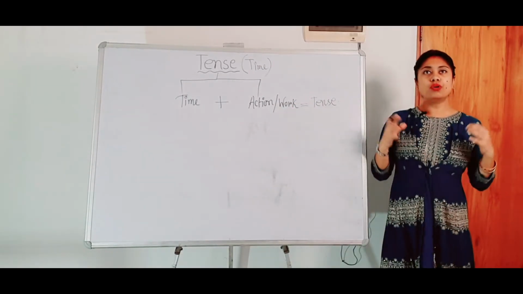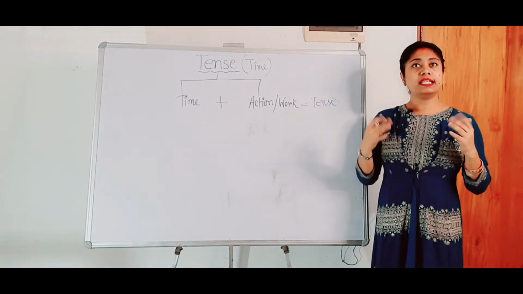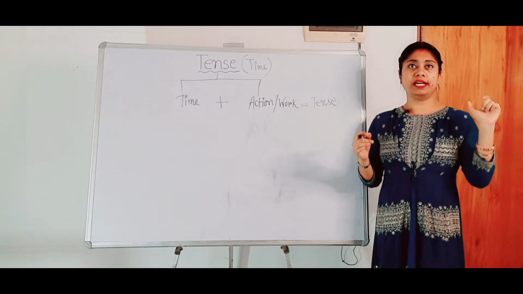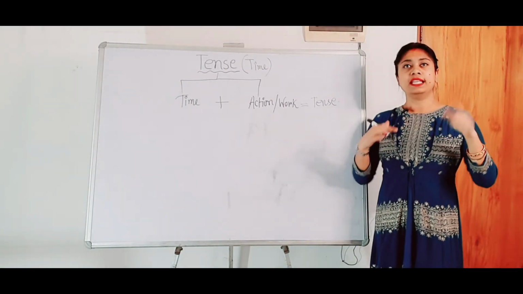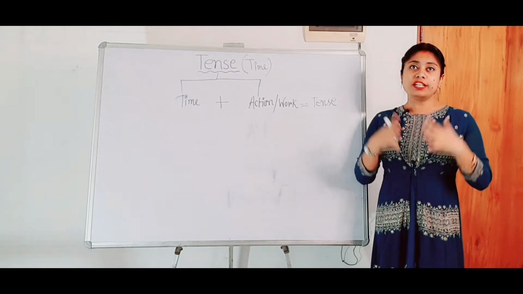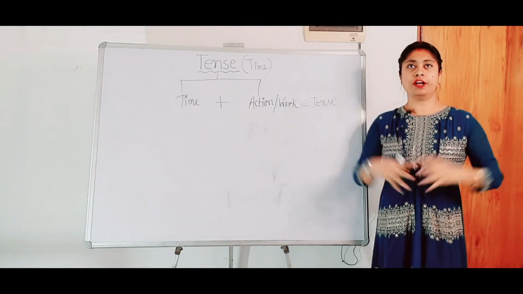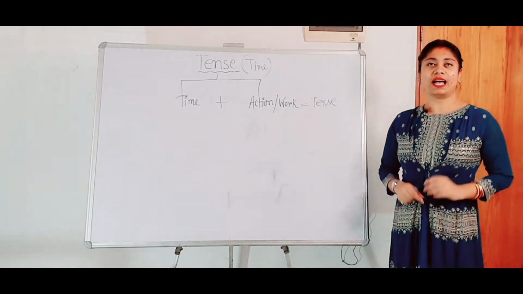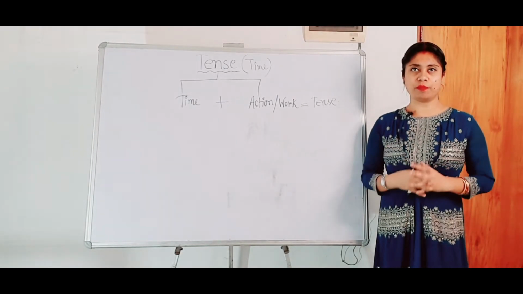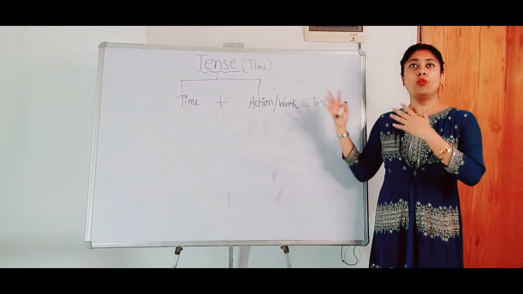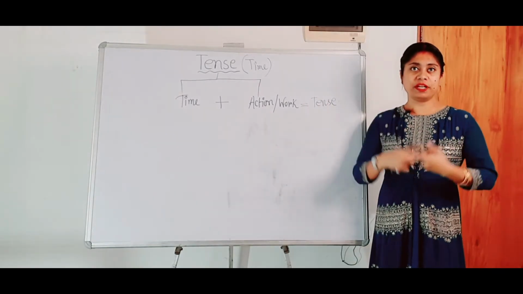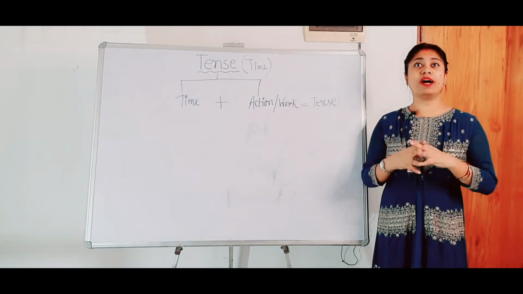Sometimes there is no word that can mention the time, but there is the verb, the action or the work that can tell you at which time it is going on, now, before or after. So this is called tense. I hope you have understood the tense properly, the concept at least, that what I am going to try to make you understand, the concept of what is tense.